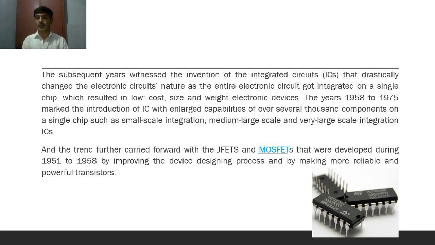The years 1958 to 1975 marked the introduction of ICs with enlarged capabilities of several thousand components on a single chip, such as small scale, medium scale, large scale, and very large scale integration ICs, and the trend further carried forward with the chips and MOSFETs developed by improving the device designing process and by making more reliable and powerful transistors.